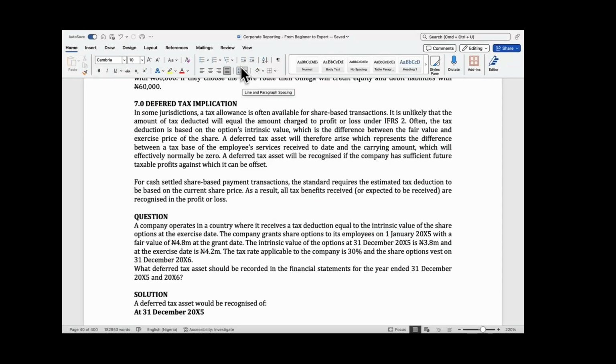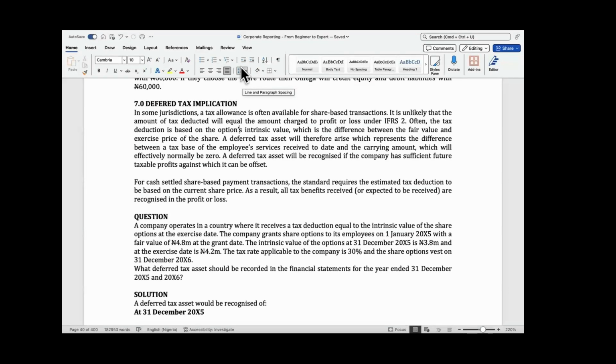That's what they will see as staff costs. The fair value of the share option at grant date that you are recognizing, the taxman will not reckon with that. So what they will allow as deduction is the intrinsic value. And they will tell you in the exam. If the examiner tells you otherwise, whatever the examiner tells you the taxman will allow, that's what you should use as your tax base. However, the carrying amount is always zero.